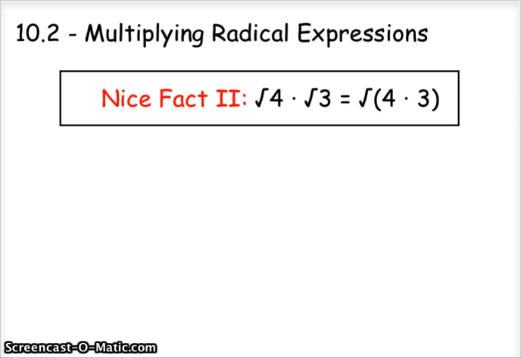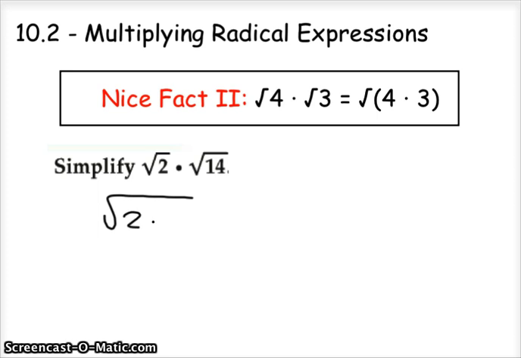Here's why this is helpful. Let's say I have something like the square root of 2 times the square root of 14. Neither 2 nor 14 is a perfect square, and neither has perfect squares as factors. So we can't actually simplify them in their current state. However, if we multiply them together, this becomes the square root of 2 times 14, which would be the square root of 28.